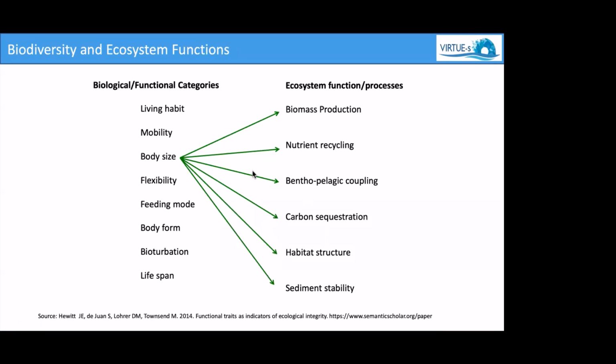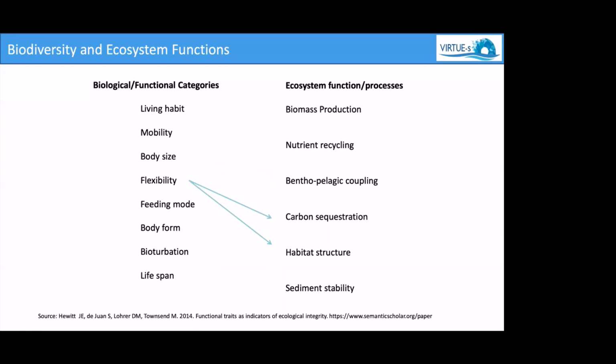The body size will impact biomass production, almost all of these functions. Flexibility will affect carbon sequestration and habitat structure. Feeding mode will affect nutrient cycling and benthic-pelagic coupling, and so on. Body form can affect carbon sequestration, habitat structure, and sediment stability. Bioturbation: nutrient cycling and sediment stability.